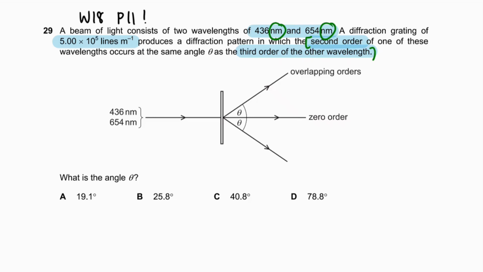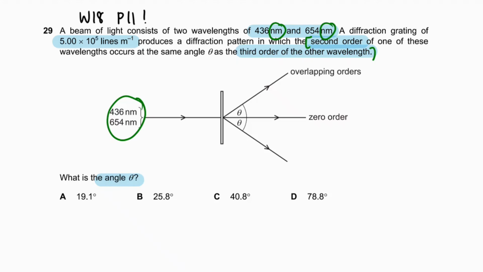It's so long. To put it simply, there's 2 wavelengths here. One of the wavelengths will diffract at an angle theta at second order, whereas the other wavelength will diffract at the same angle, but at the third order. And the question wants you to find the angle theta.